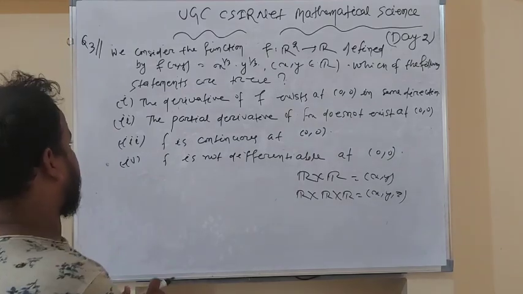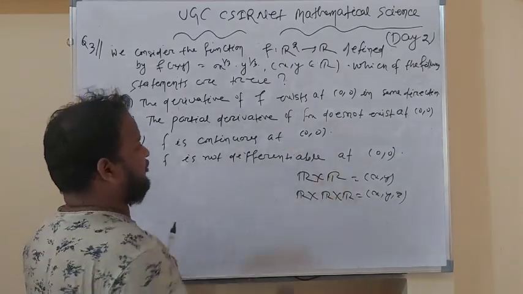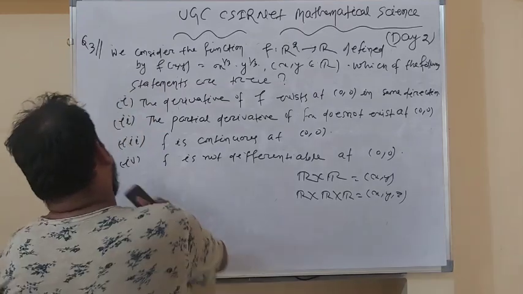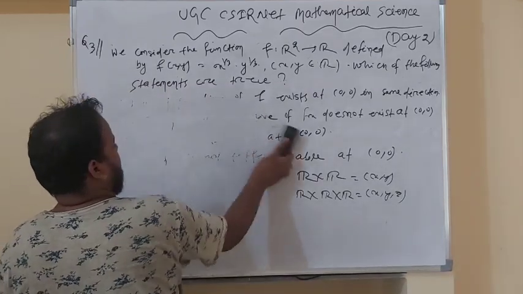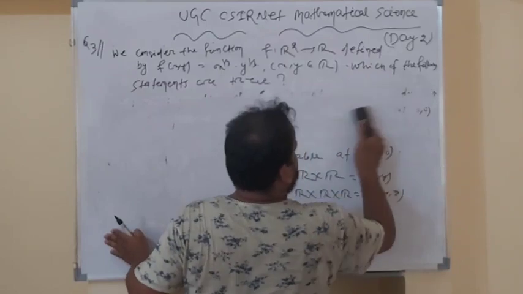So how to solve the first statement? The directional derivative of the function exists in every direction. How does the derivative exist in the same direction?